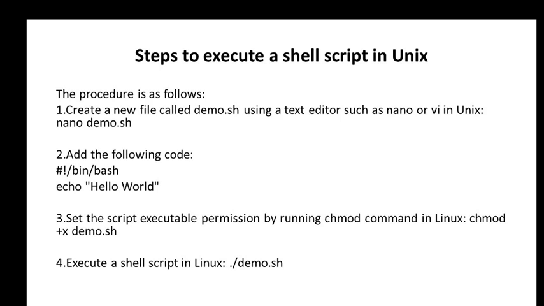The third step is to set the script's executable permission by running the chmod command in Unix: chmod +x demo.sh. Demo.sh is the file name that you already know.